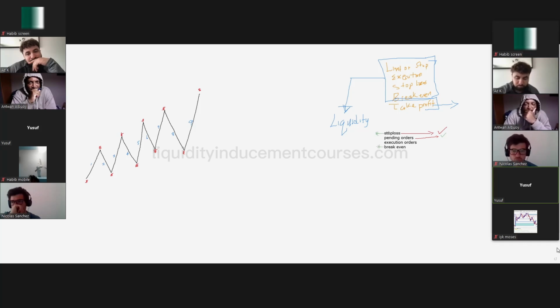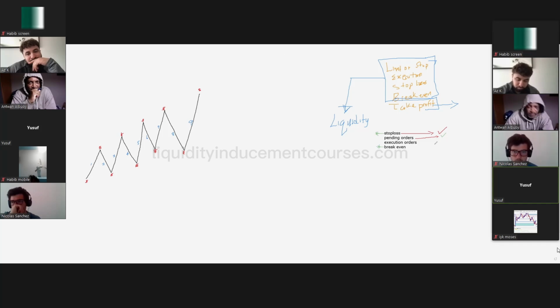Why? Because these 2 are the key ways that money is being taken away from you in the market. Once price hits the stop loss, oh shit, you lose the trade. You lost money. Once price hits the break even, oh shit, you lose the trade. You lost money. Those are the 2 most important. They are the ones that guide the other ones strictly.